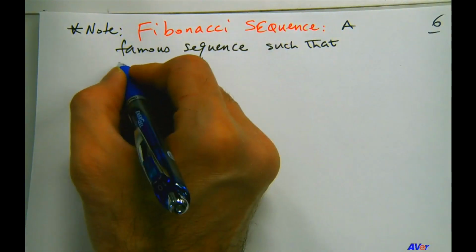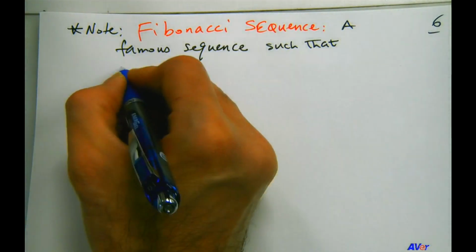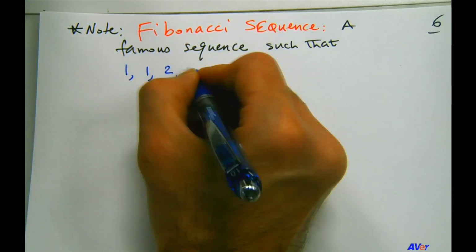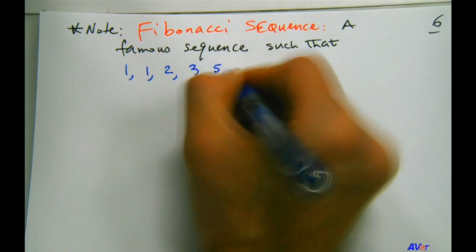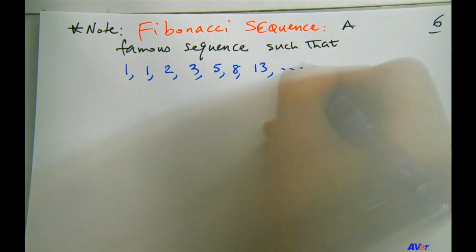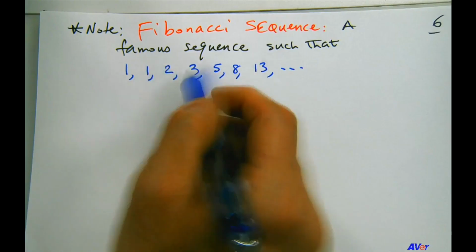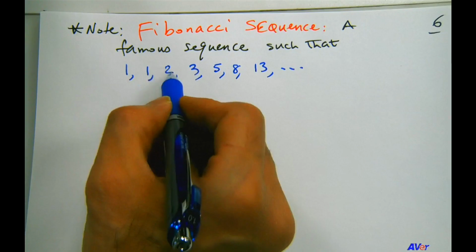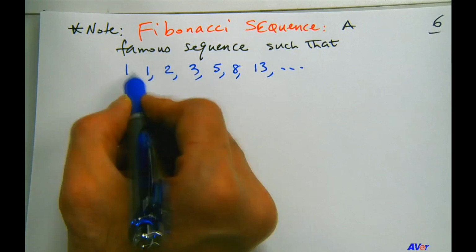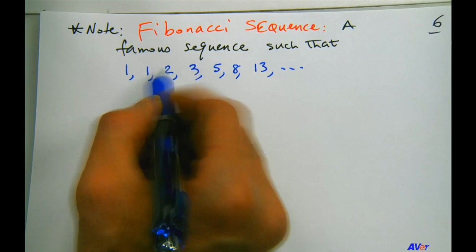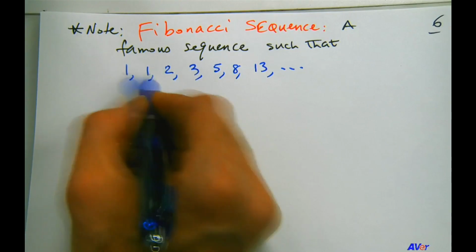So you have 1, 1, 2, 3, 5, 8, 13, ... So if you look at this sequence, the first 2 digits are always 1, and the third digit, or the next digit after the first 2, is obtained by adding the previous 2 digits.